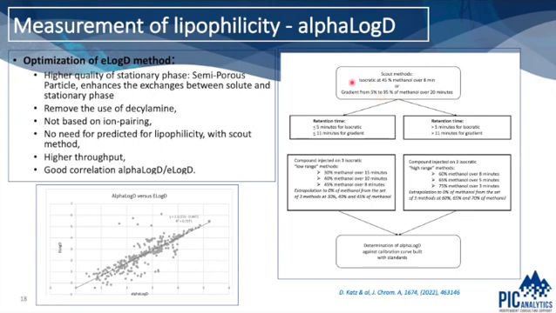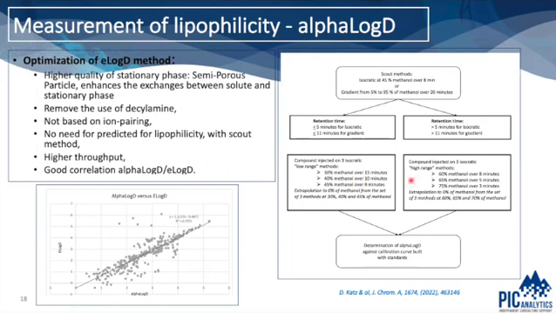Either way, on an isocratic method, it was found that if the compound elutes at less than 5 minutes, or less than 11 minutes on a gradient, you could work with a lower amount of methanol, compared to when the compound elutes with a higher retention time, above 5 minutes on isocratic, or above 11 minutes on a gradient. This means that the compounds will be highly lipophilic and will require a higher amount of methanol.